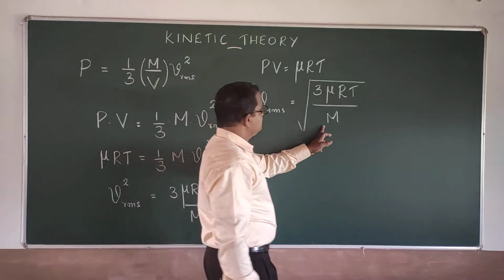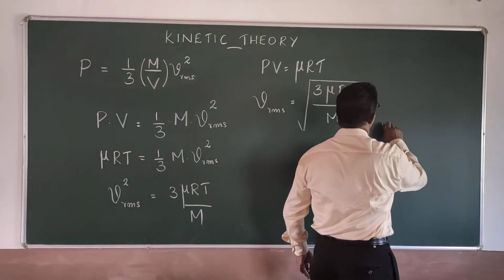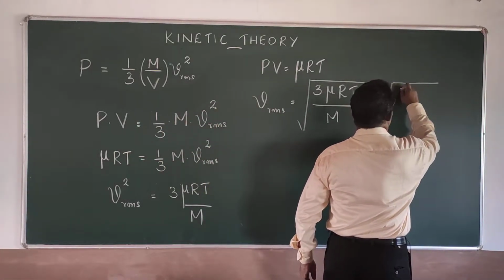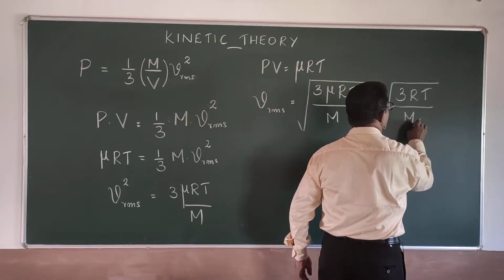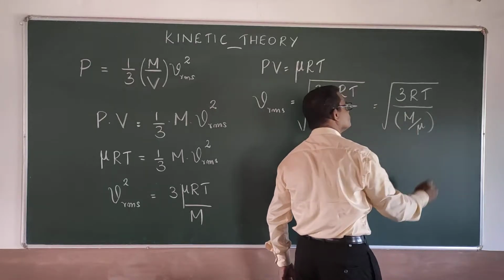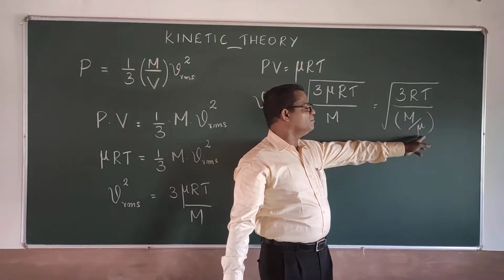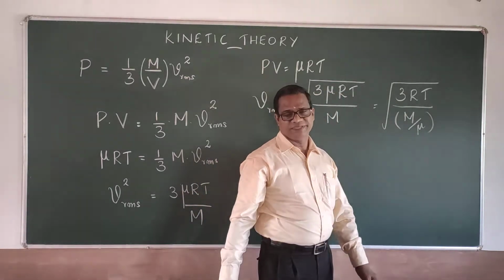I can write this as root of 3RT divided by M divided by mu, that is mass in kilogram by number of moles of the gas.